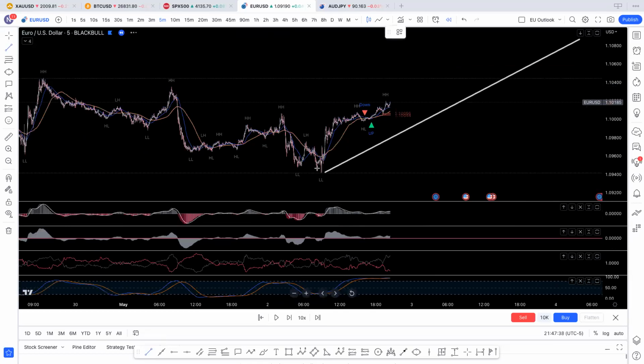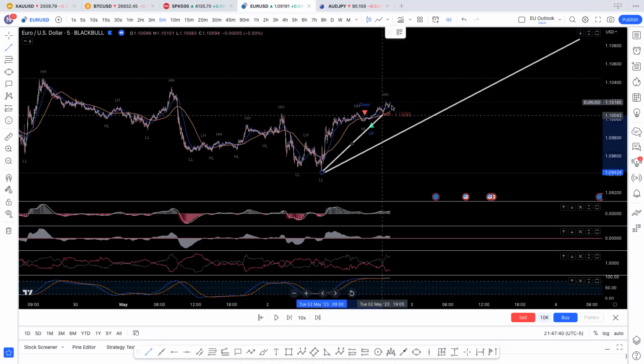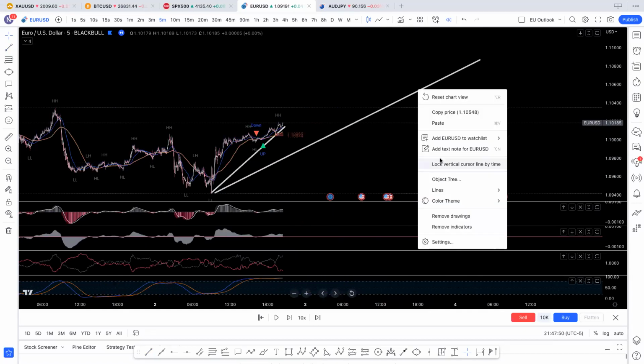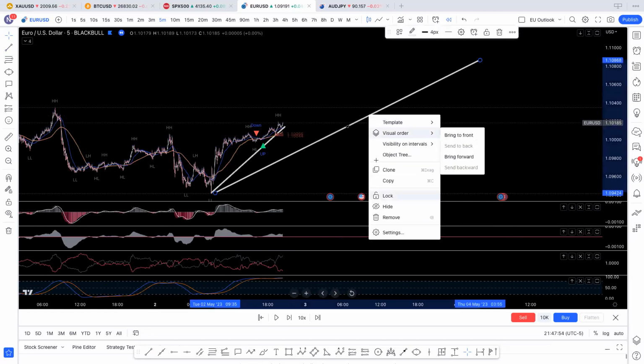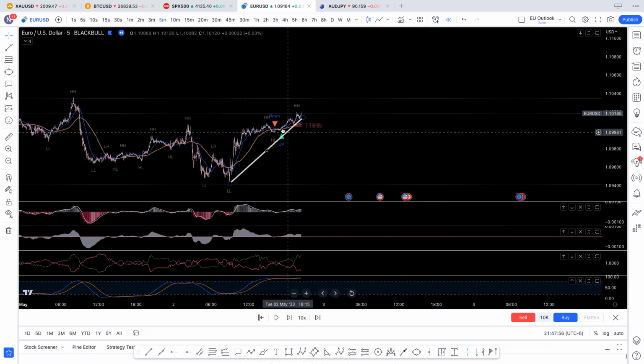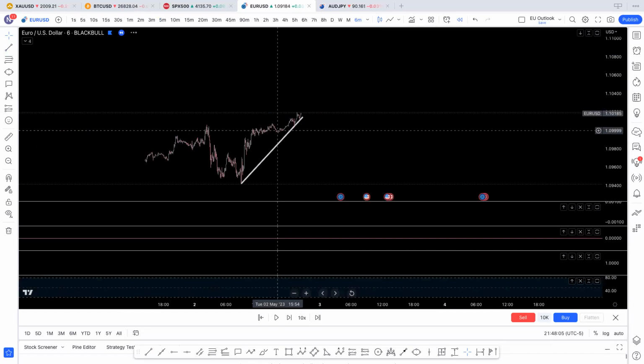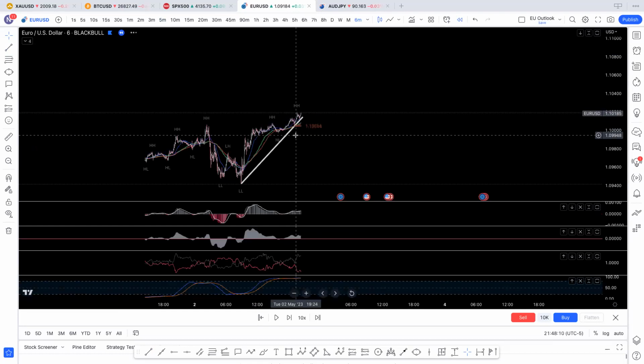I know the overall trend is up, but to put this in a triangle, I'm going to hide this for the moment. I'm looking for no crosses of the moving averages right here, so I'm going to go up in time so that my blue and red have no crosses.